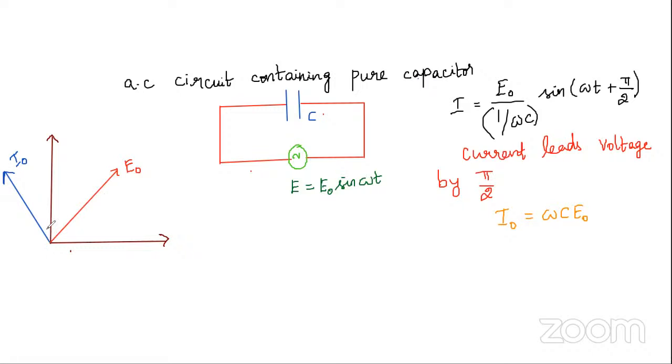The total angle between this current and EMF is 90 degree or pi by 2. So this will be omega t. And this is the phasor diagram for your AC circuit containing pure capacitor. Because here you should understand that the phasors are rotating in anti-clockwise direction. So current is leading the voltage by pi by 2.